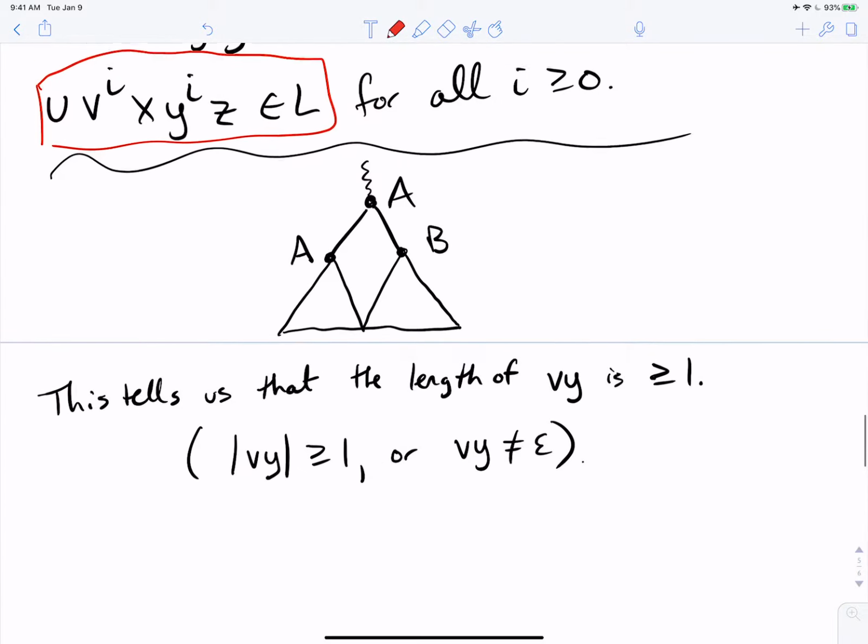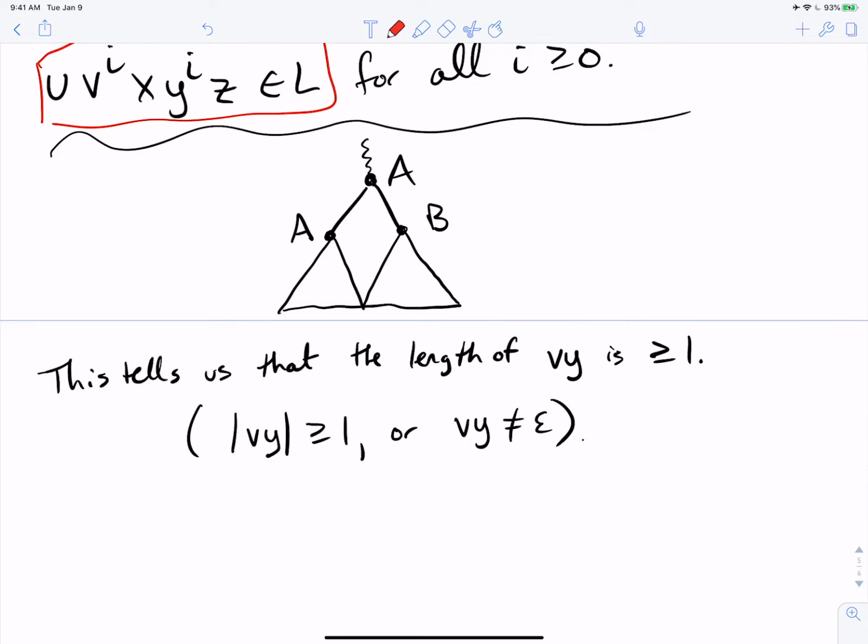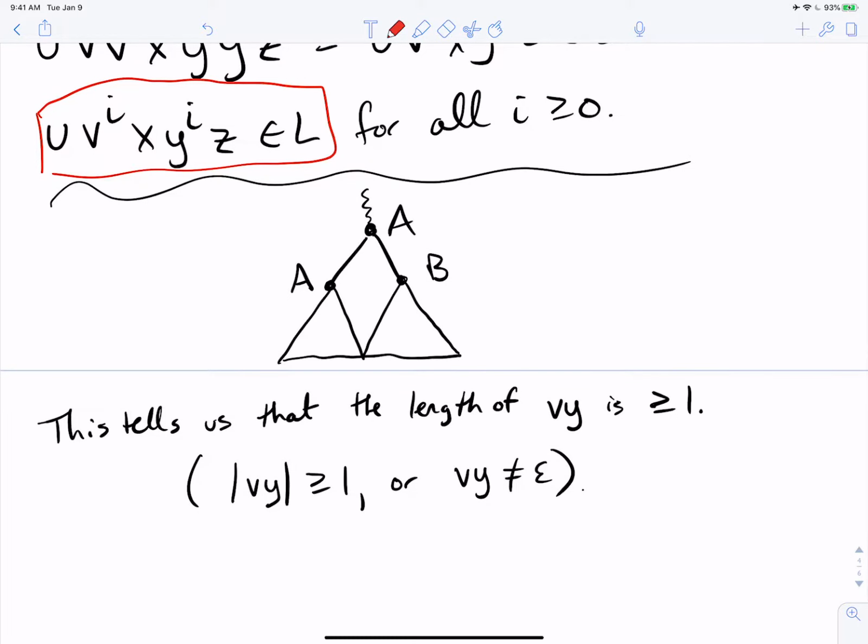And then we established another fact last time, that if we look at the worst thing that can possibly happen, which is if the second occurrence of A is right below the first one, then what could happen is one side of the parse tree coincides.